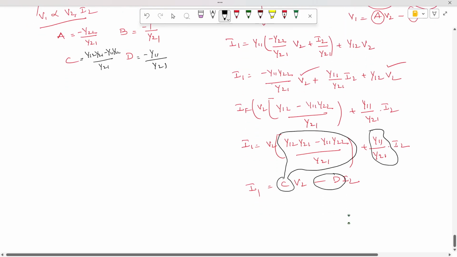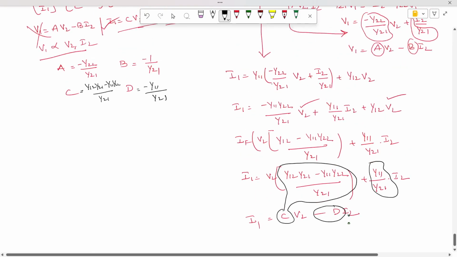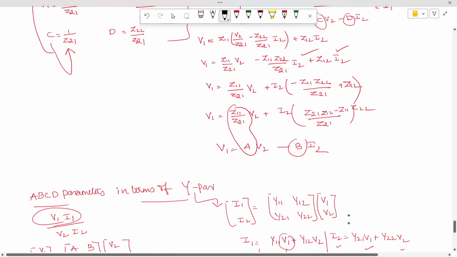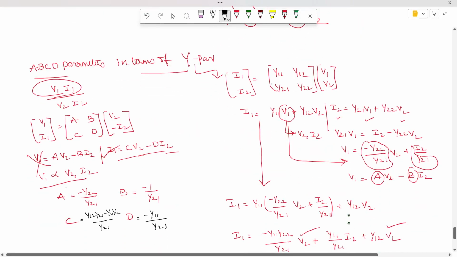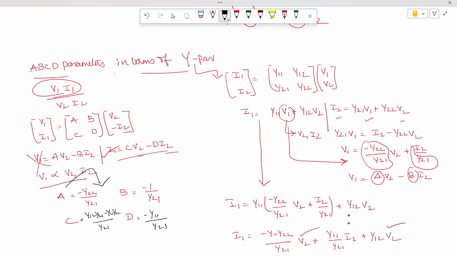So this is how we represented ABCD parameters in terms of Y parameters. First, you have to write down the ABCD parameters, and then we want to write down the Y parameters.